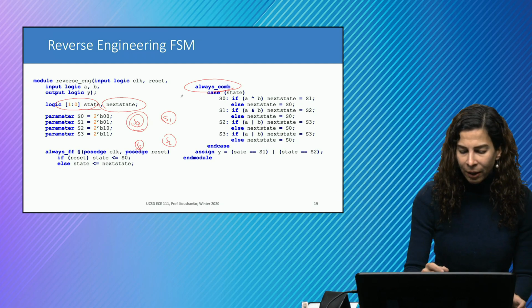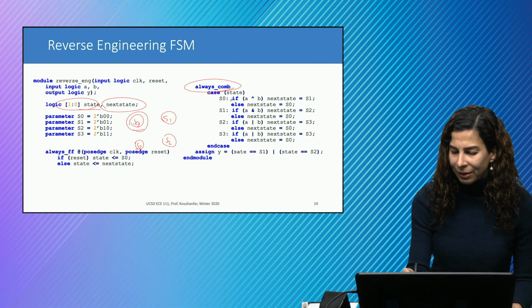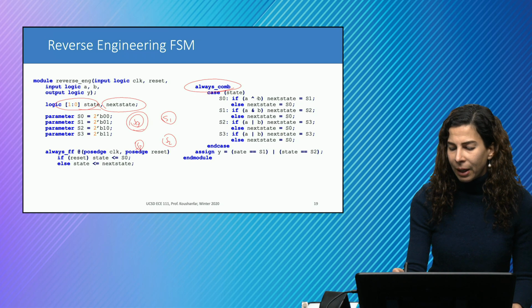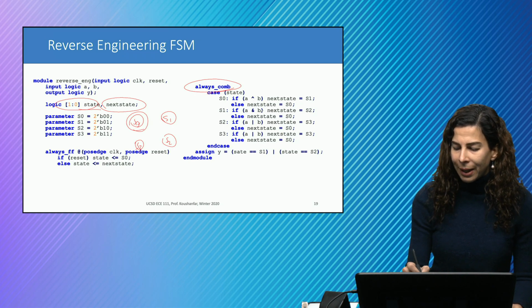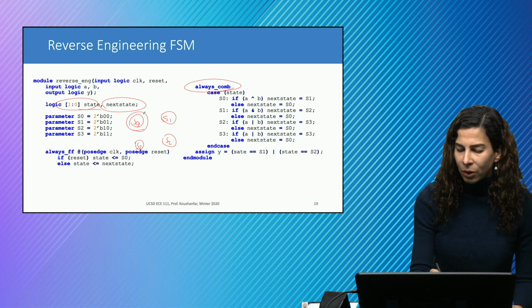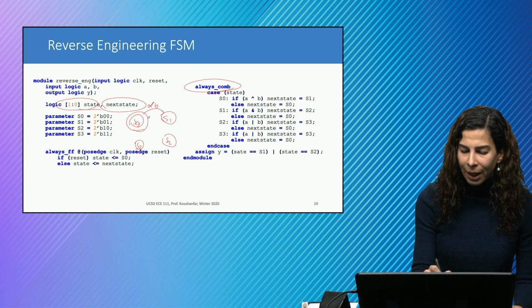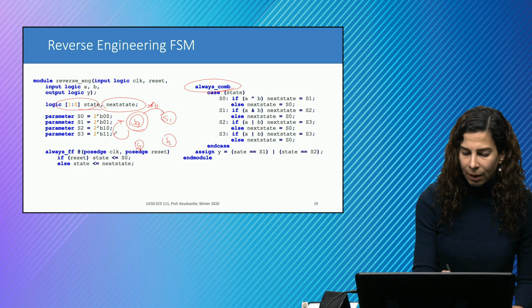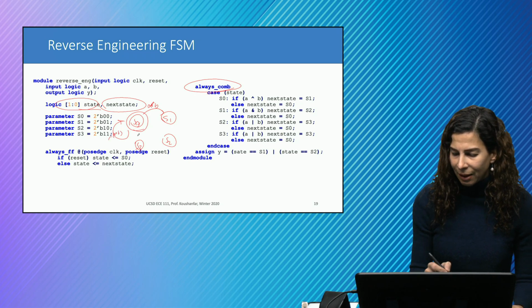So here it says if A or B is true, then if you're in S0, the next state will be S1. If not A or B, we stay in the same state.